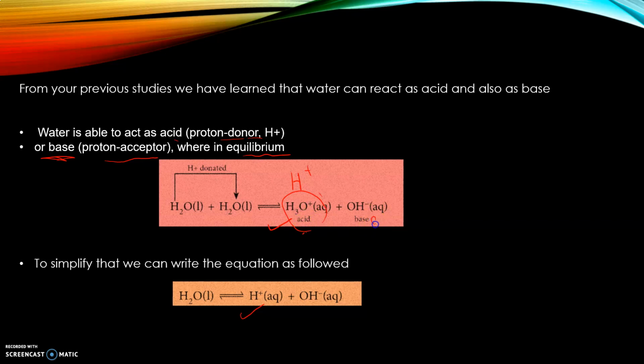To simplify, we can write the equation as follows: H2O can dissociate and give a hydronium ion or proton, and OH-, which is hydroxide. At the same time, the hydroxide reacts with the proton, H+, and also gives water.